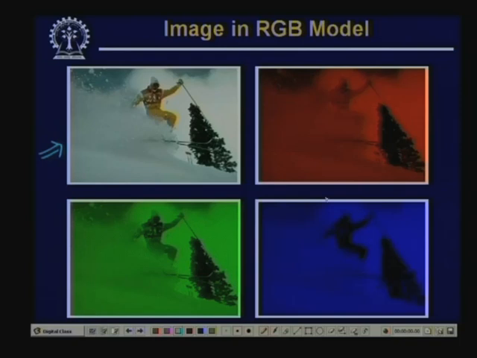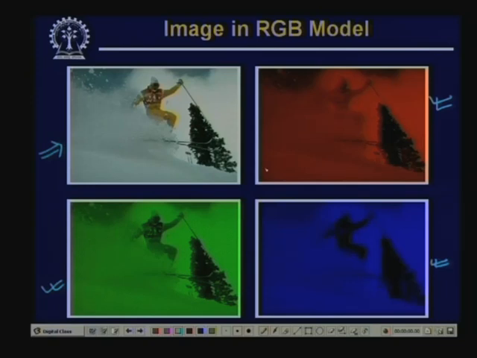The red component of this color image is represented in red, the green component in green and the blue component in blue. Though we have represented these 3 components in different colors, they are actually monochrome images.